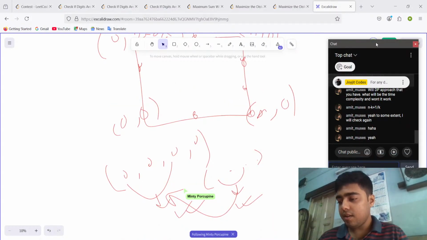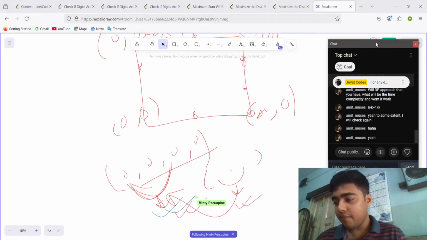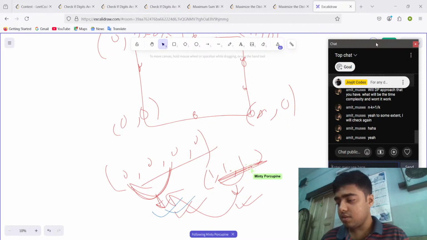Let's say you have 4 black points, and the minimum distance between these 4 black points is between this and this point.